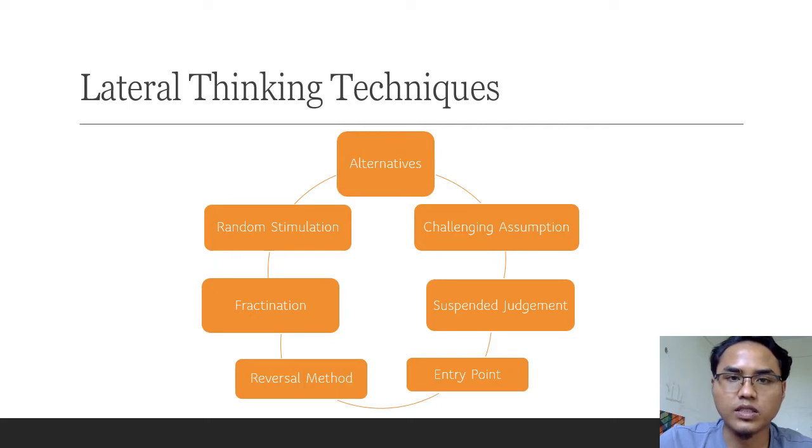Next, we go to suspended judgment, which means the limits of accepted ways of doing things. After that, we go to the entry point, which is the input to open new lines of thinking, provocation and movement. After that, we go to the reversal method, fractionation, and random stimulation.